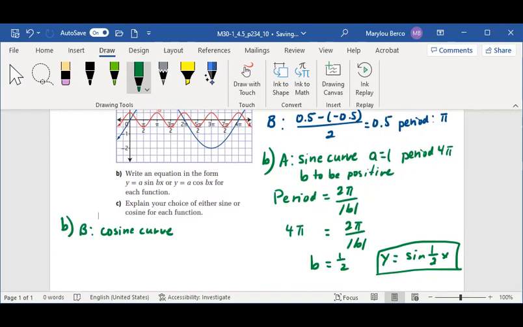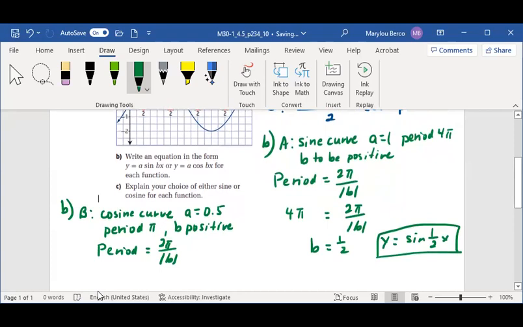Since the amplitude is 0.5, a equals 0.5, and using the period pi and choosing b to be positive, we have the period is equal to 2 pi over the absolute value of b.